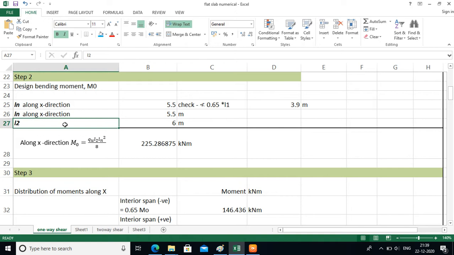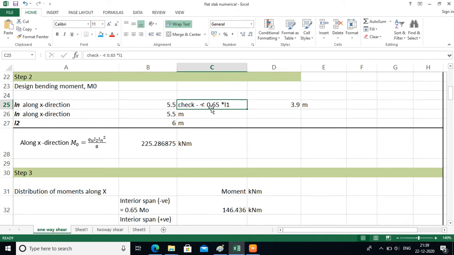So let us repeat that. Ln is the direction along x direction, the direction along which we are going to find the moment, and we are going to calculate it as the center to center distance between the columns minus the size of the column, or there should be one check.